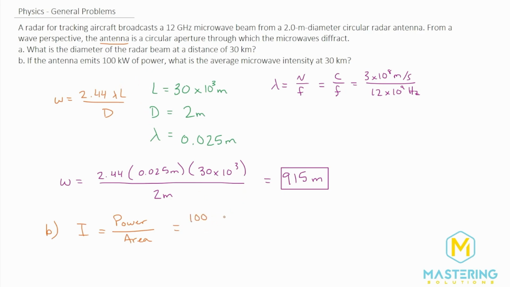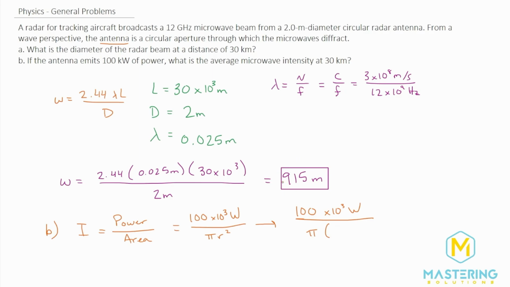We need this in watts, so kilo is 10 to the 3 watts. And what's the area? We're dealing with a circular area, so that's going to be pi r squared.